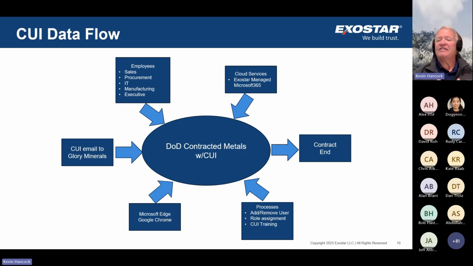And then the different kinds of processes it goes through. And then obviously, when the contract ends, how do we remove this information? What are our policies to dispose of it? Things like that. And that data flow is going to define your overall system, right? And you're going to need to do this for each of your different contracts.